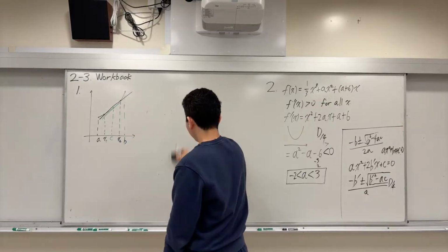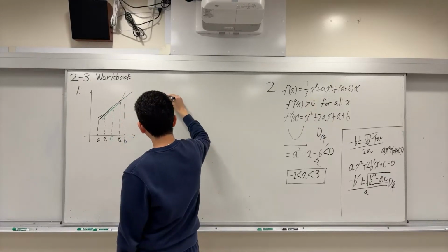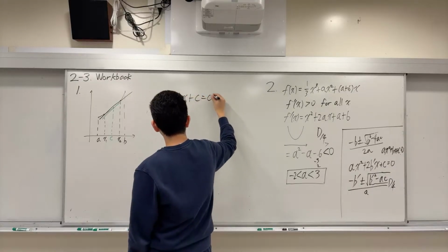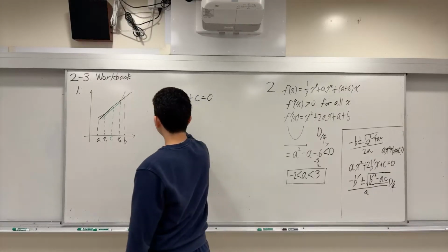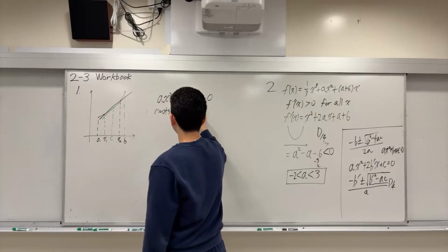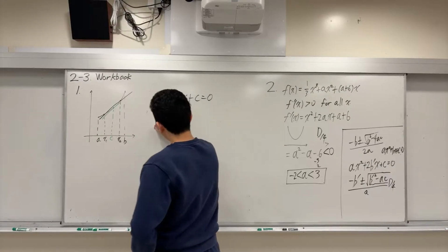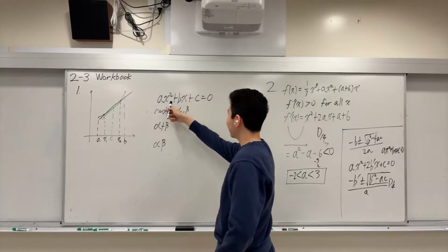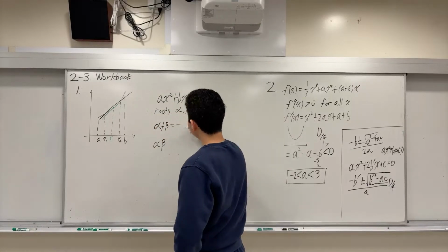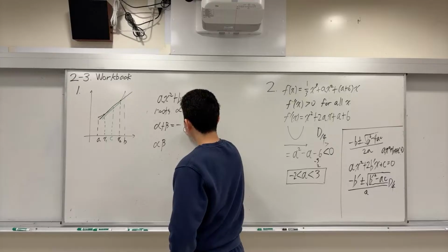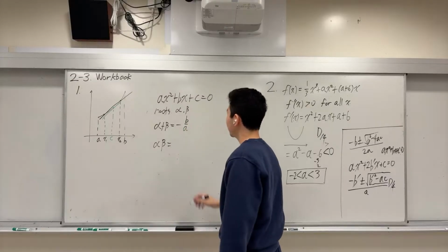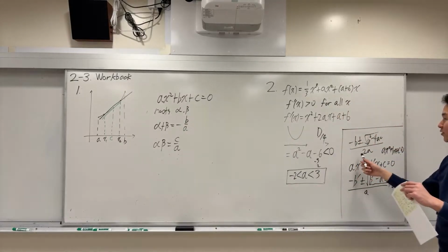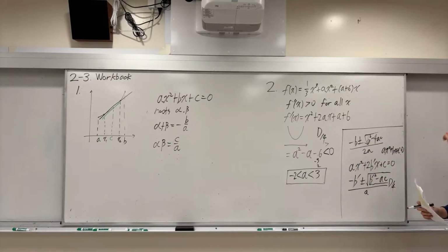When you're looking at the equation ax squared plus bx plus c equals 0, and you call these roots alpha and beta, you can get to the values of alpha plus beta and alpha beta by looking at the coefficients, right? So alpha plus beta equals negative b over a, and alpha beta equals c over a. And you can derive all that by just plugging in the quadratic formula.